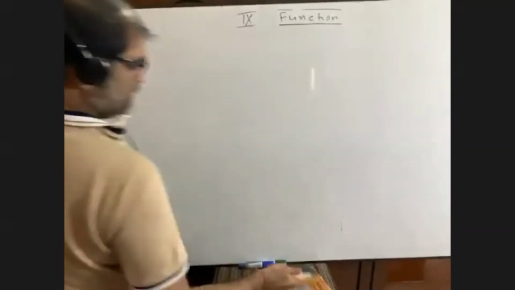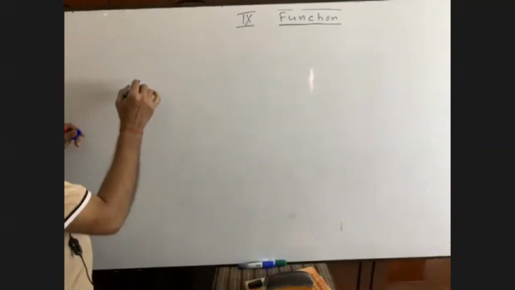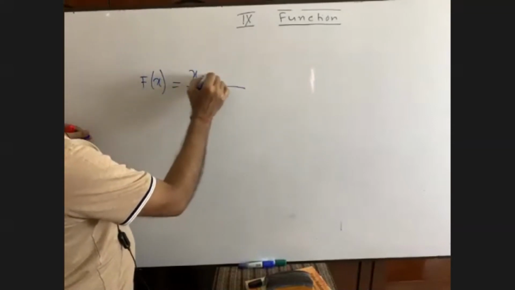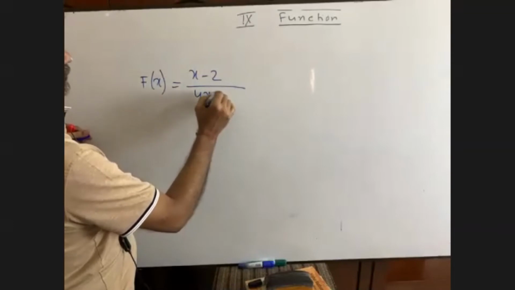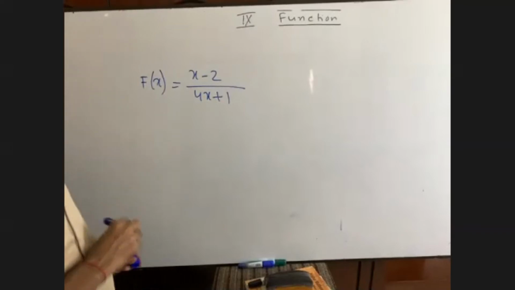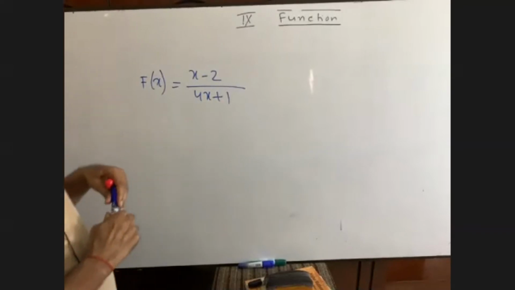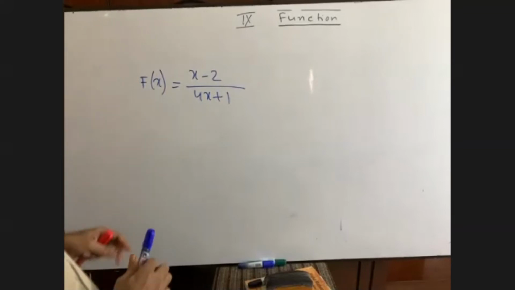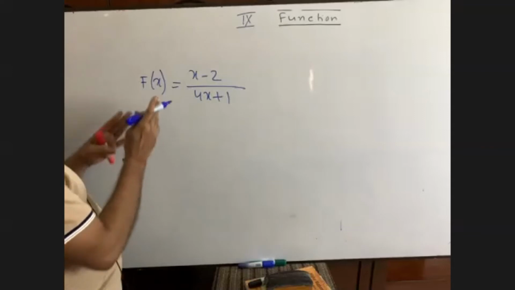Suppose another math is given. f(x) equals x minus 2 by 4x plus 1. What is the domain? You should write what I am going to write down, because it is your math. It will be given in the exam for 2 marks.